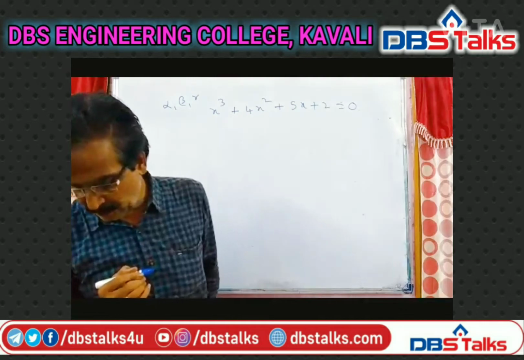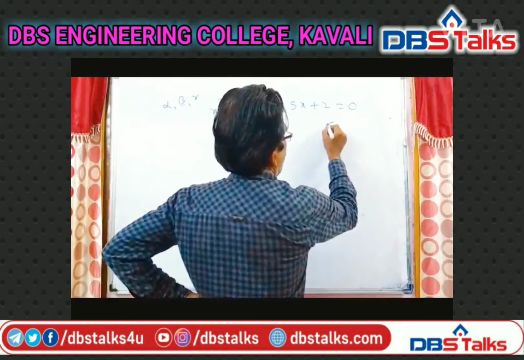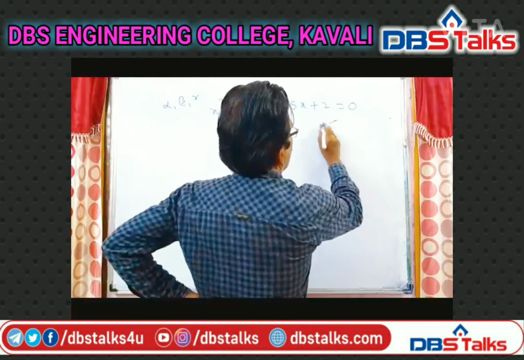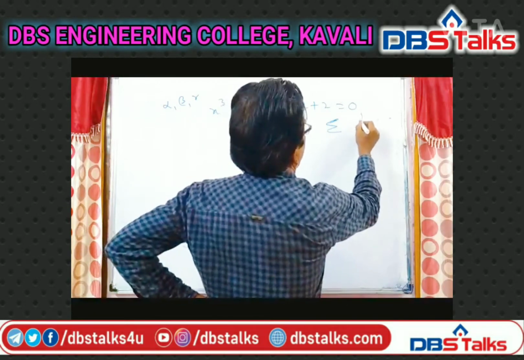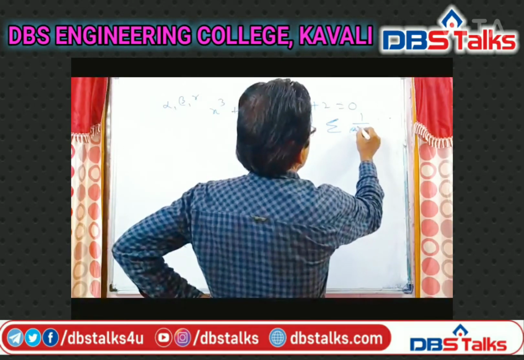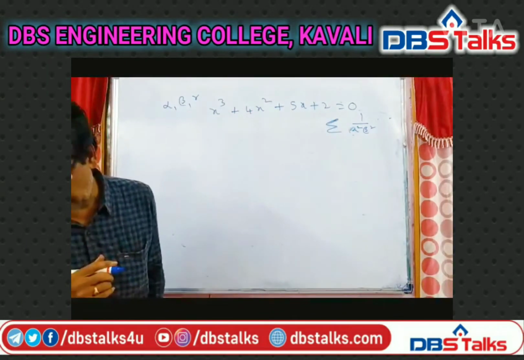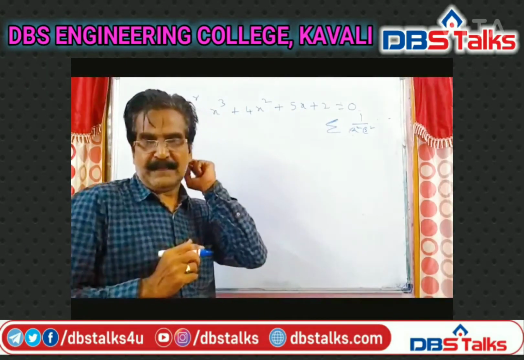Then what is the value of sigma 1 by alpha square plus beta square?